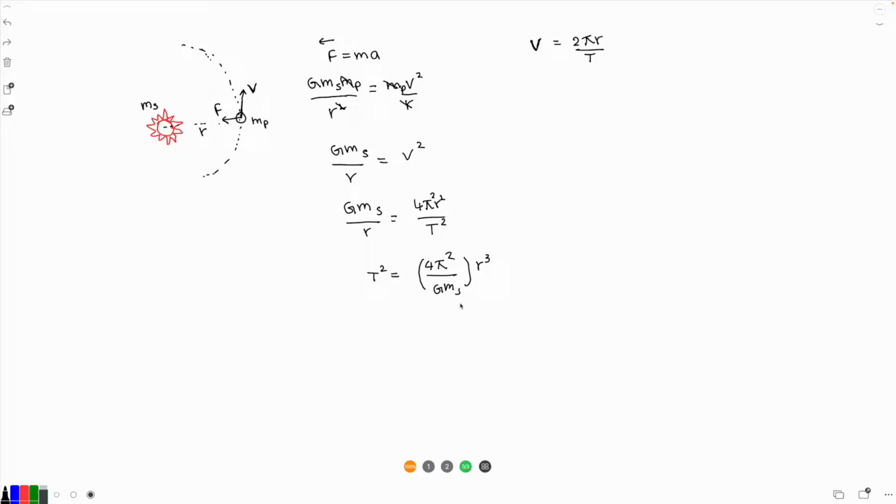So by this relationship I can say that the square of the periodic time of any planet is proportional to the cube of the distance between the sun and that planet.